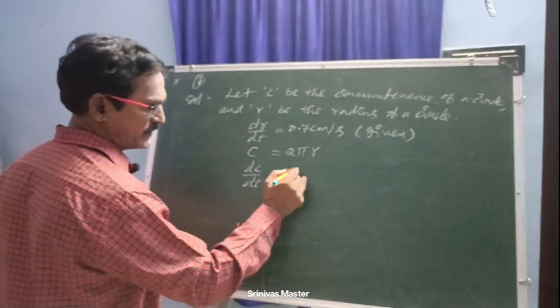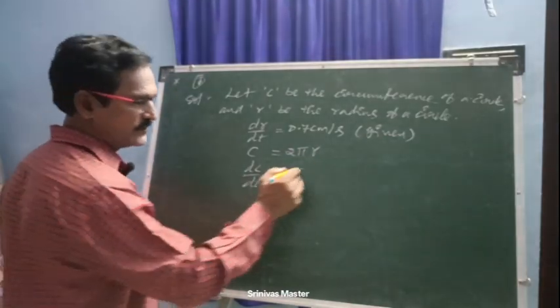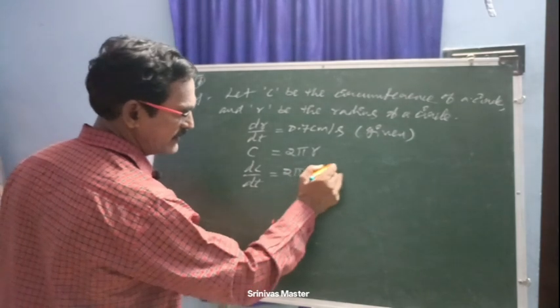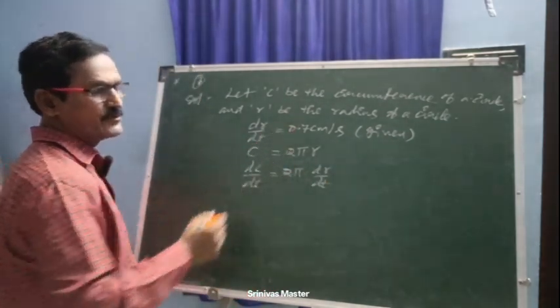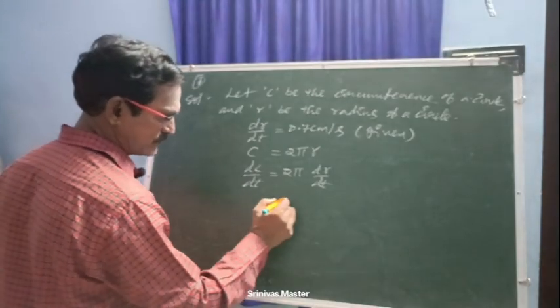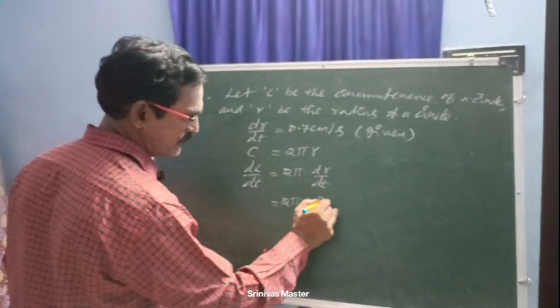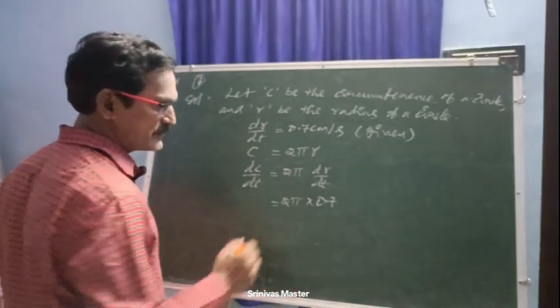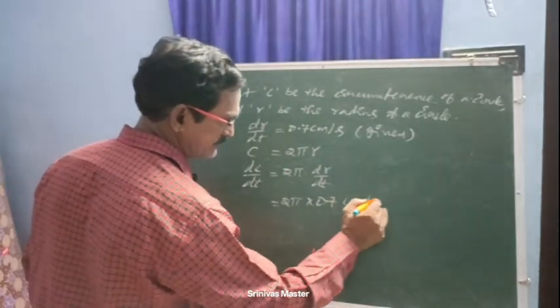So we keep 2 pi, and the derivative of r with respect to t means dr by dt. Where dr by dt equals how much? 0.7, so we take 2 pi into 0.7 centimeter per second.